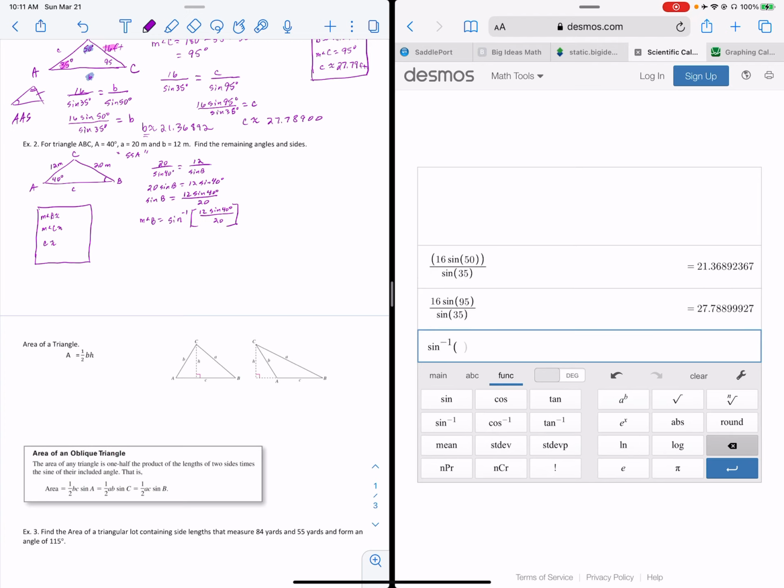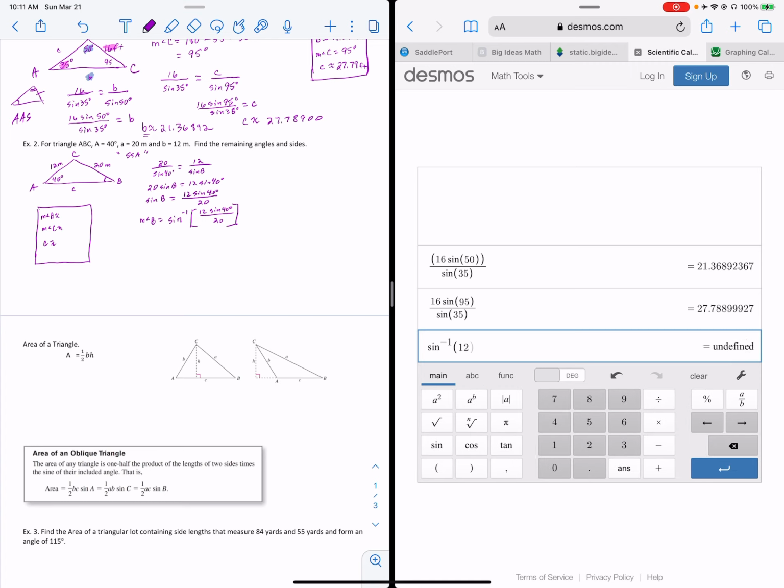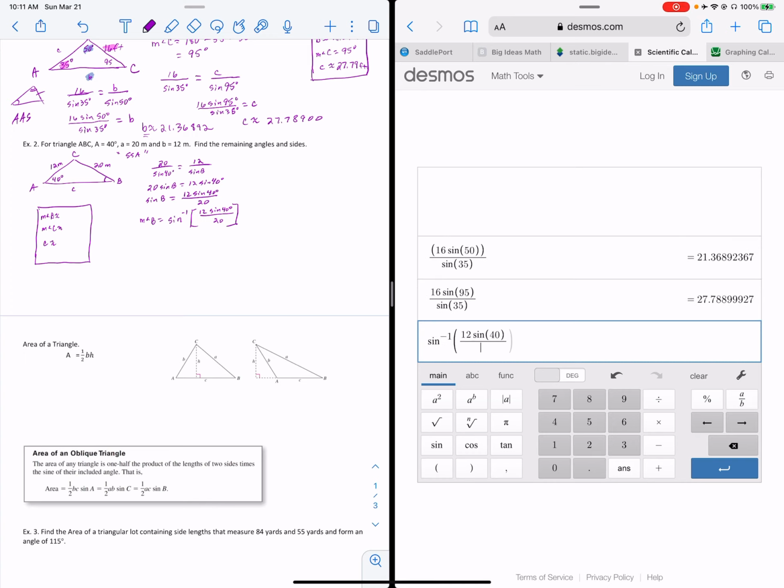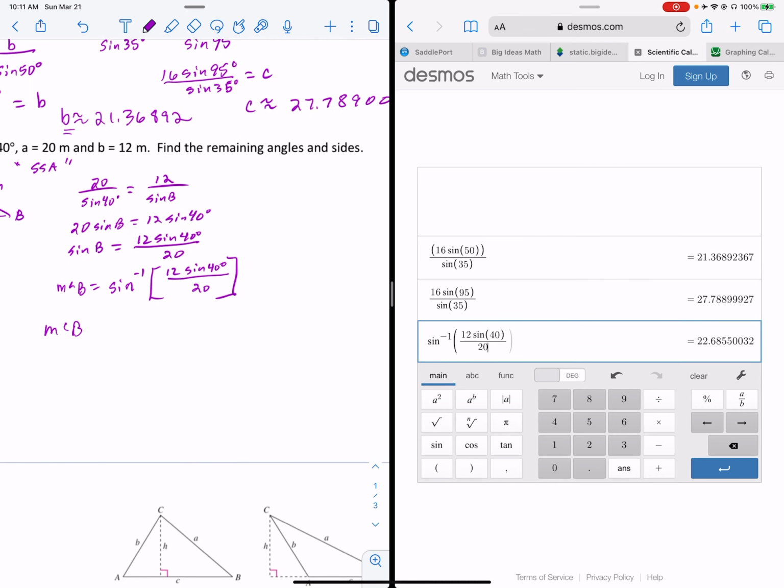There we have it, inverse sine of 12 sine 40 divided by 20. And so you can just put it in just like that, and you don't have to carry over the decimal places on it. And we have that 22.68. I'm going to go to 5 decimal places because in this one it is going to matter, in terms of we're going to have to use this value to get some other things.